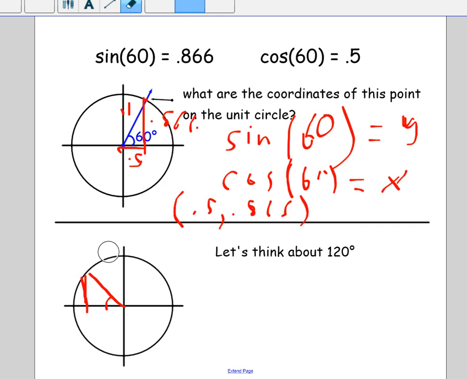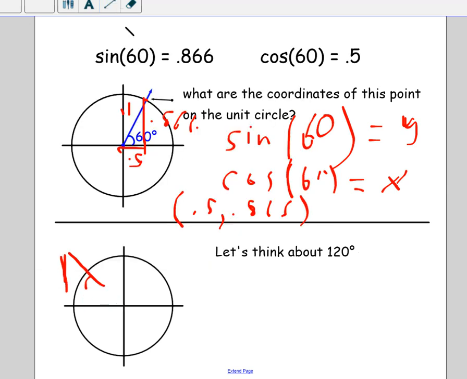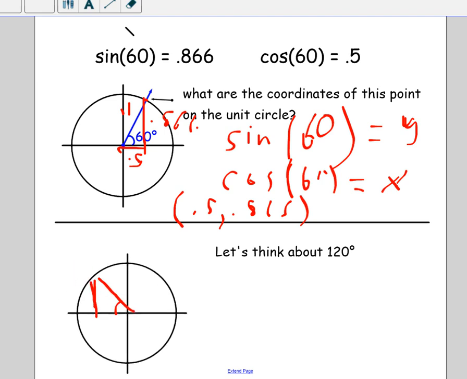Can you tell what I'm trying to draw there? Need a smaller pen is what I need. Okay, close enough though. Good enough. You can tell what I mean, right?